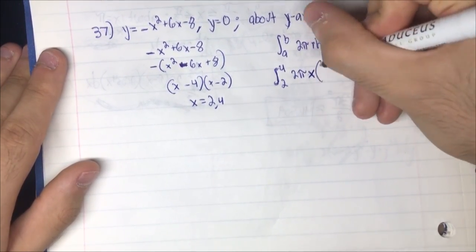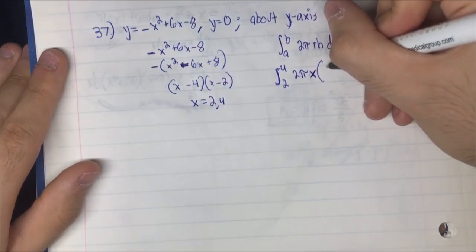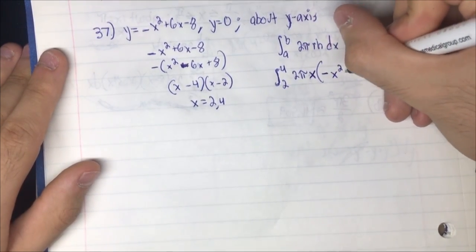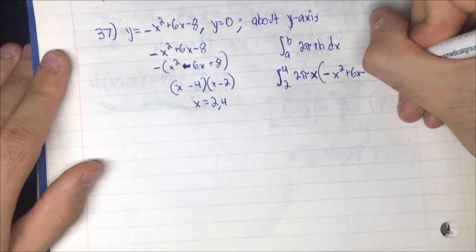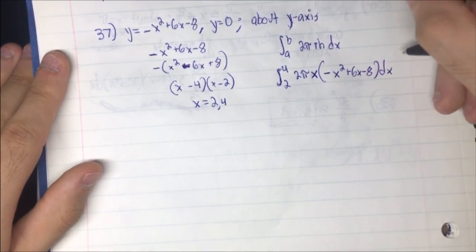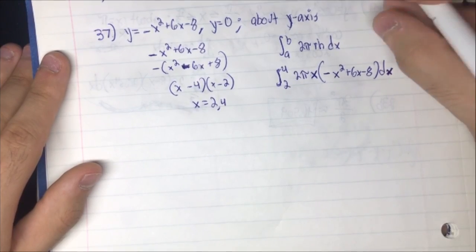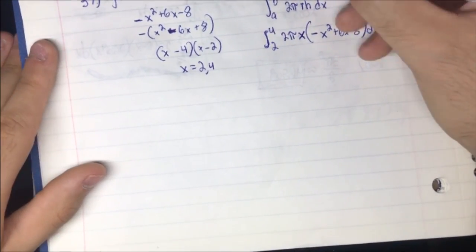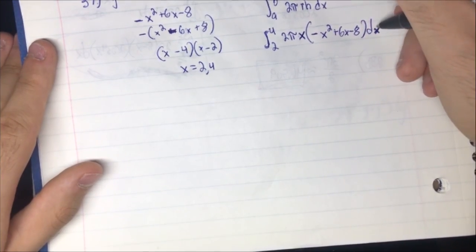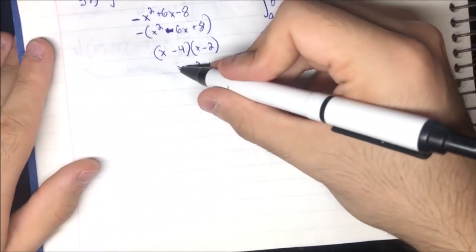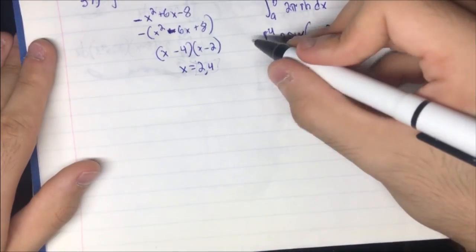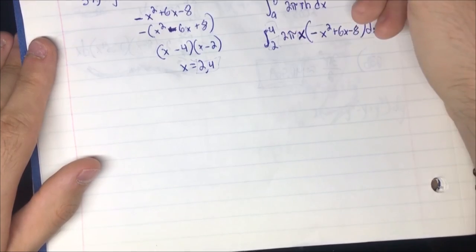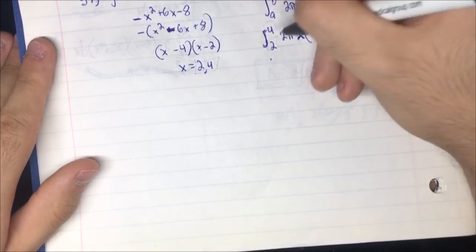And then the height is this. Plus 6x minus 8 dx, and it's an x since it's on the y-axis, plus everything in here is in terms of x, so it's dx. We found these two, and those were our x's, so that means the radius has to be an x. That's how I figure it out.